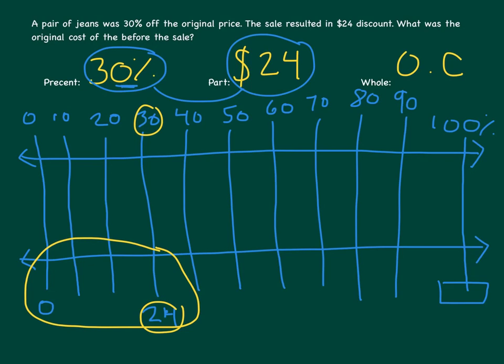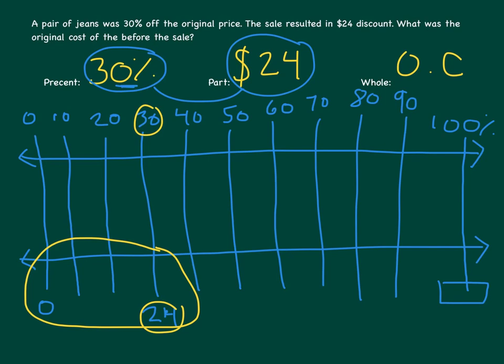If we look at the parts, from 0 to 24, how many parts is that? That's 1, 2, 3. So I need to break up 24 into 3 groups to figure out what each group is. So it's a division problem.